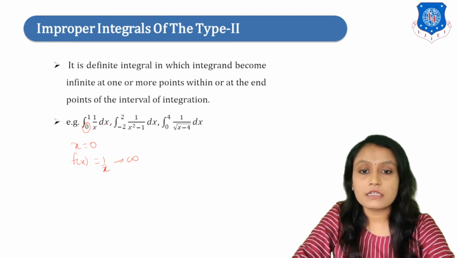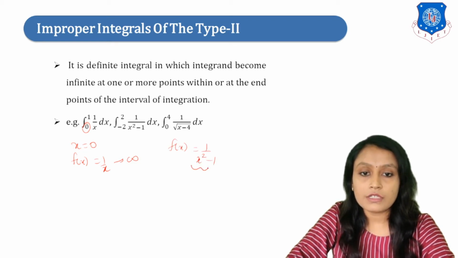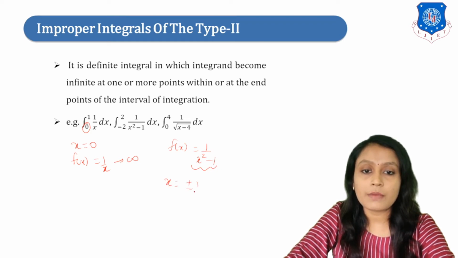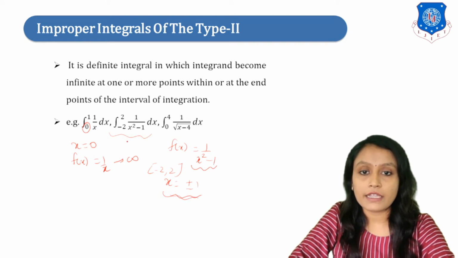Also, let's consider this example. Now here the function is what? 1 upon x square minus 1. Now this denominator will become 0 at x equals plus or minus 1, right. And this plus or minus 1 lies in this interval minus 2 to 2. So this is an improper integral of type 2 because at these two particular points your integrand will go to infinity.